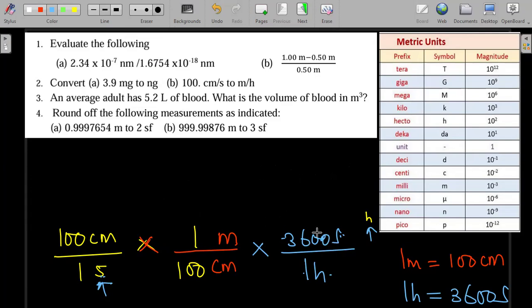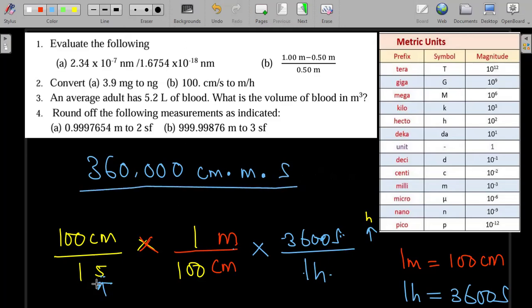So when I multiply that, what do I get? 3600 multiplied by 1 multiplied by 100, so I'm going to get 360,000, and then I put the unit centimeter multiplied by the meter multiplied by the second. And then down there, what are we going to get? We have 1 multiplied by 100 multiplied by 1. So here we're just going to get 100, and then I have the second multiplied by centimeter multiplied by the hour.